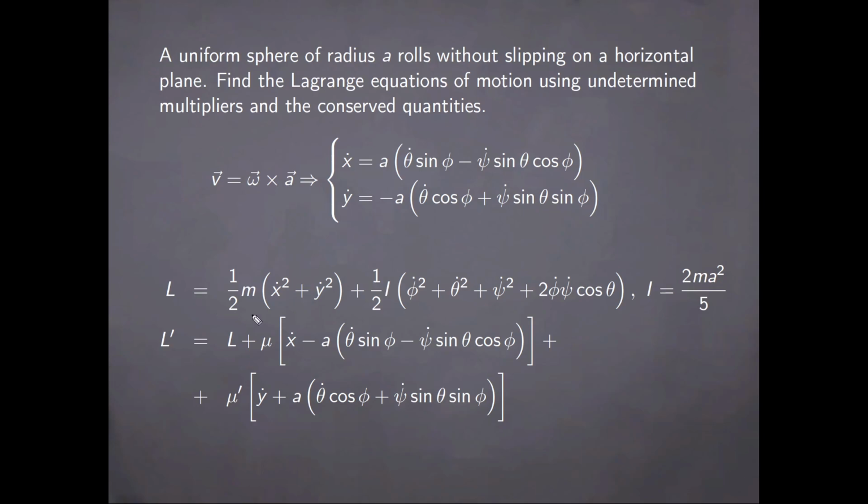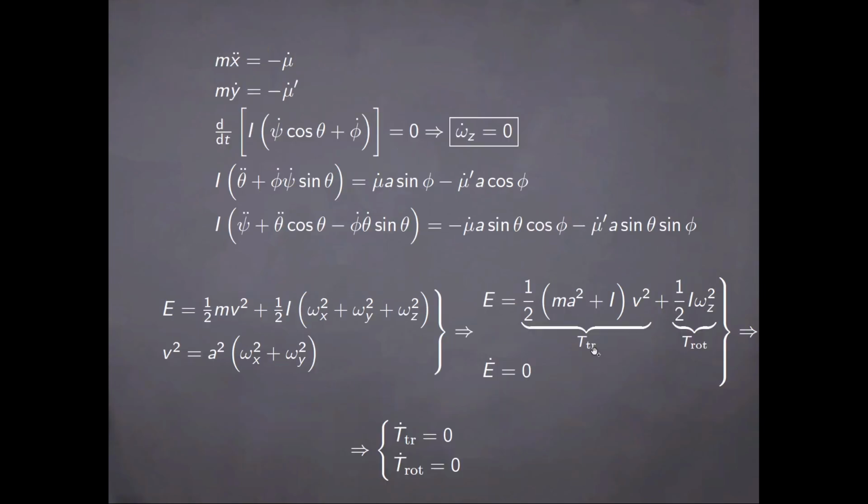So to this Lagrangian we append the two equations of constraint via undetermined multipliers, and once again by application of equations 227 we can derive the list of equations of motion. And what we see from the third one straight away is that the z component of the angular velocity is conserved.